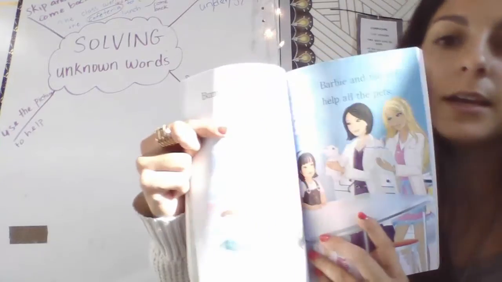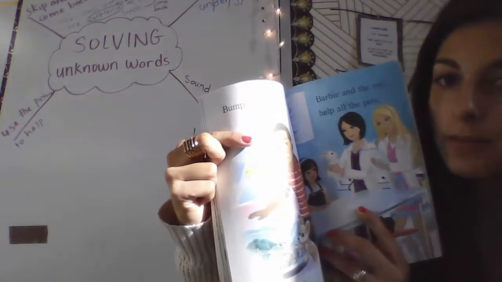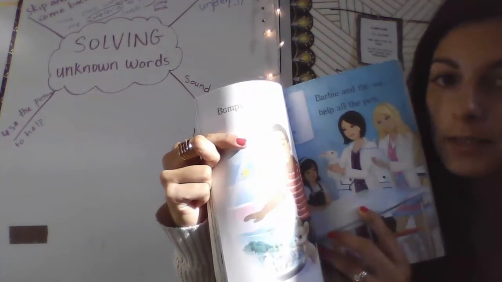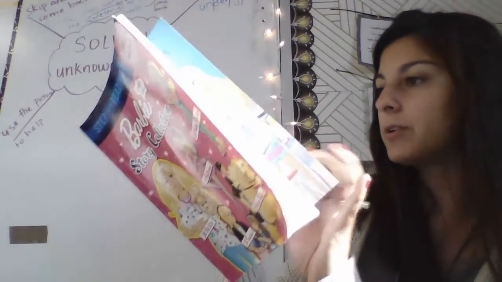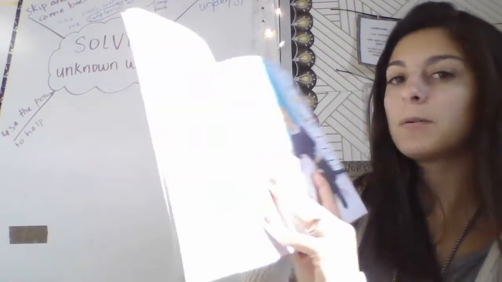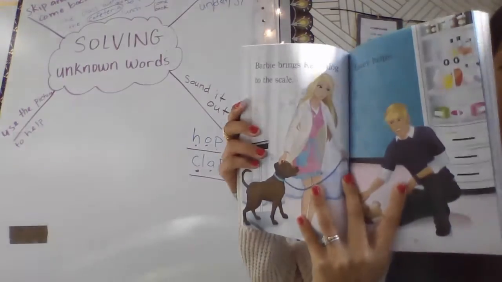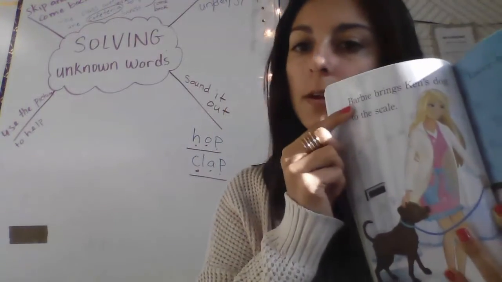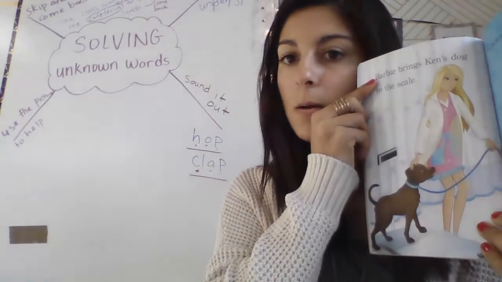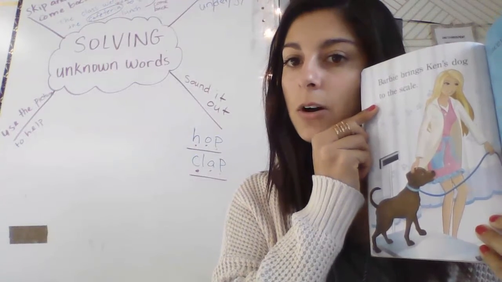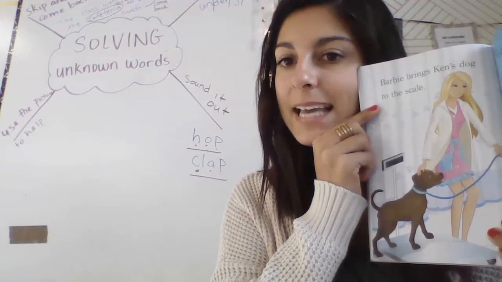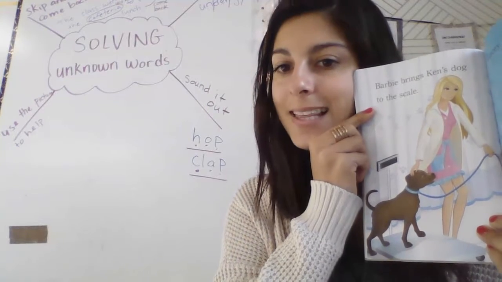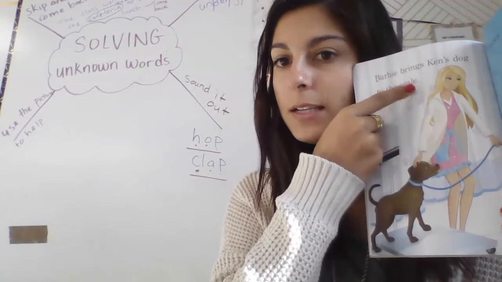Then I keep reading and it says Barbie and the vet help all the pets. Okay, let me read the next one again. I'm going to use my picture if I don't know the word. Barbie brings Ken's dog to the... I don't know what that word is.